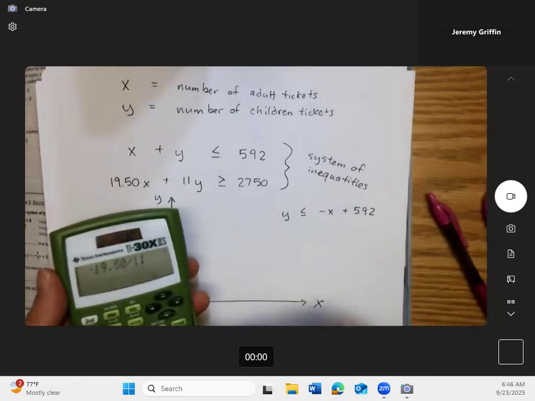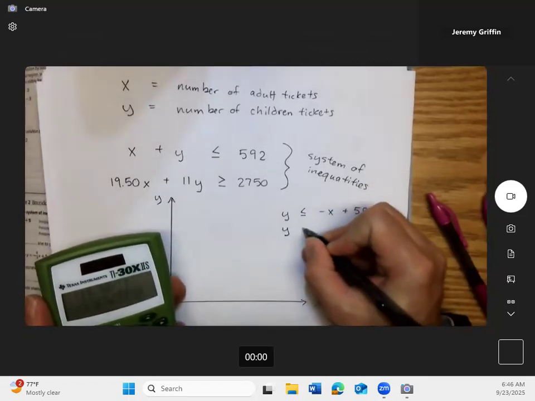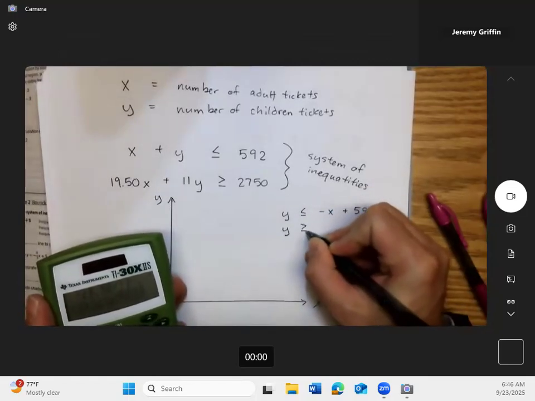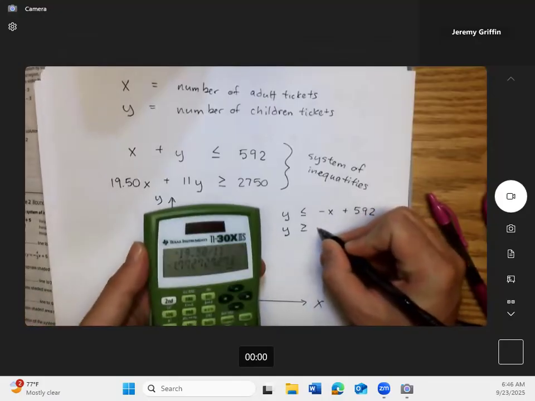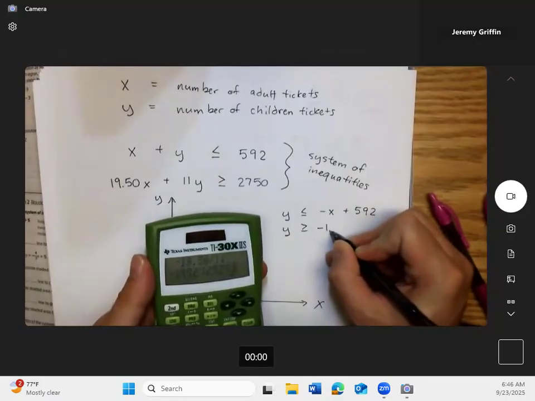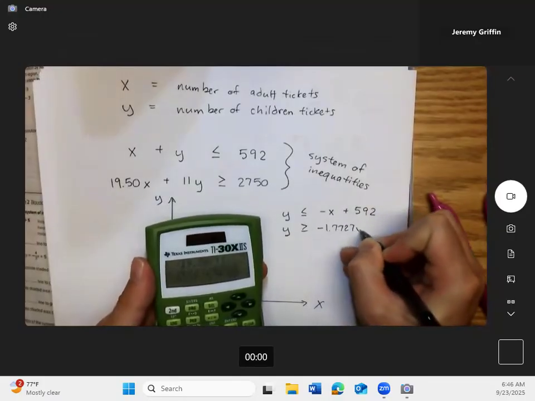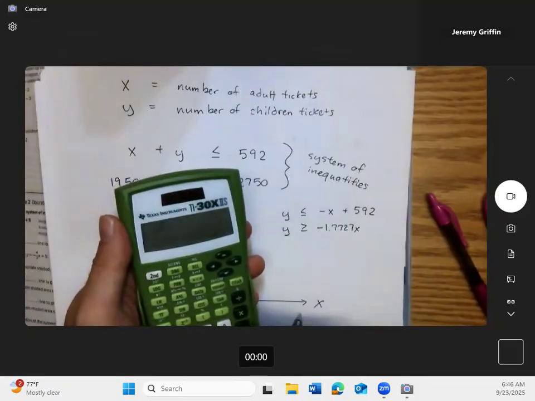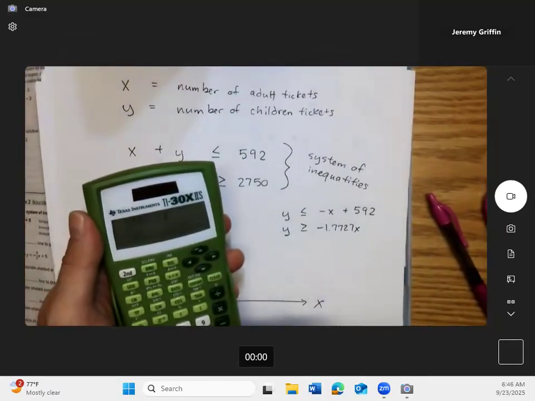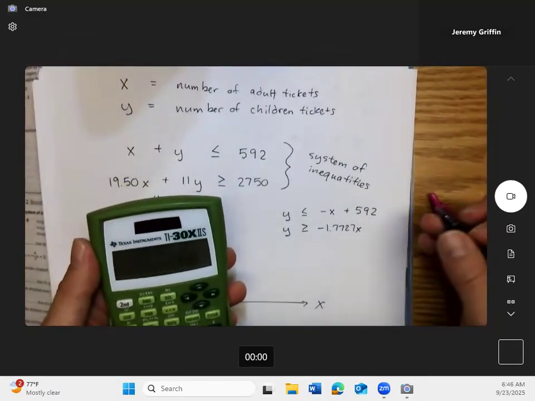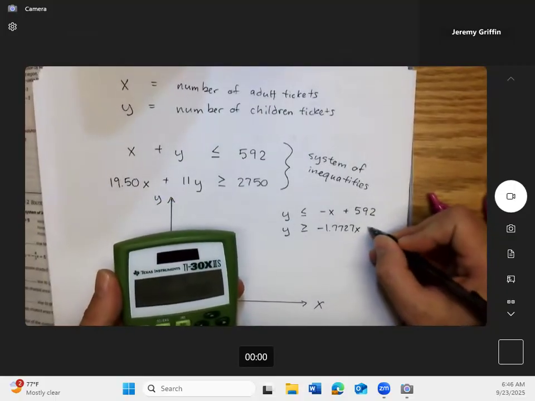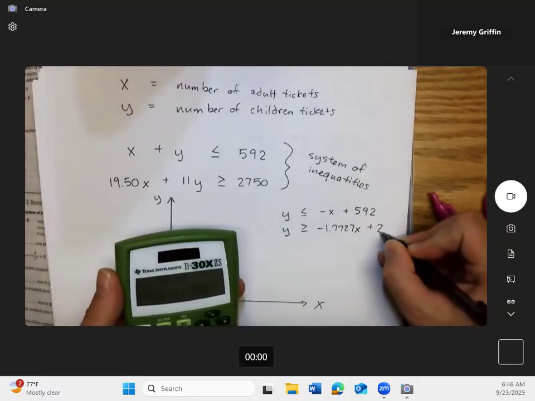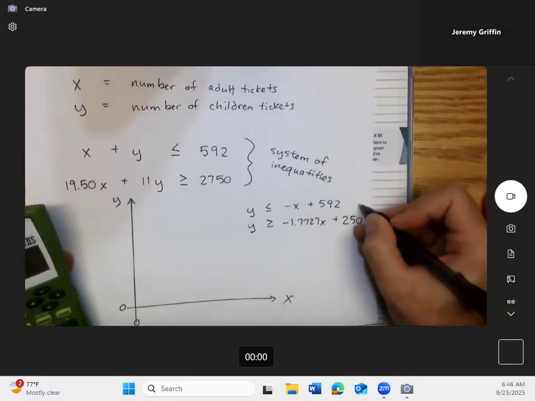This is going to be y is greater than or equal to negative 1.7727x. And then 2750 divided by that 11 would be plus 250.